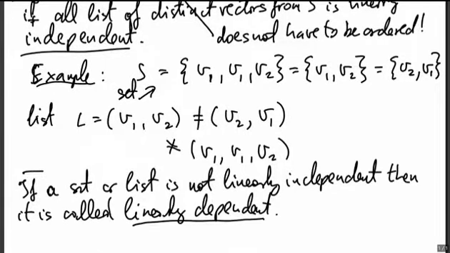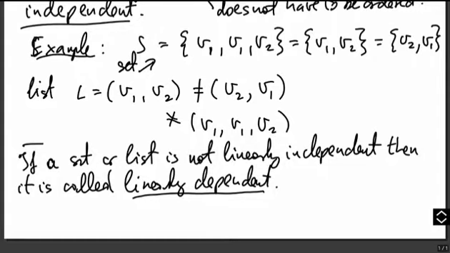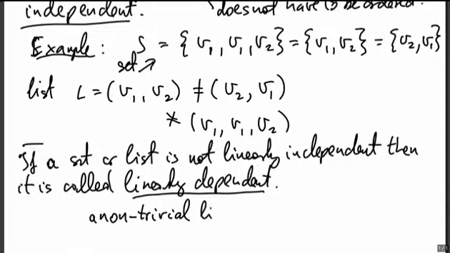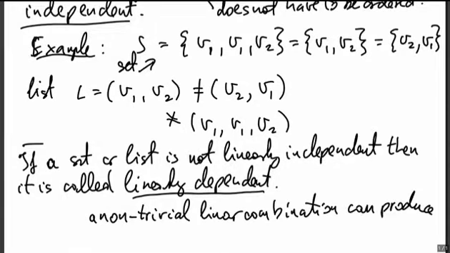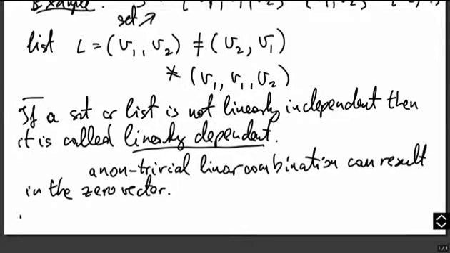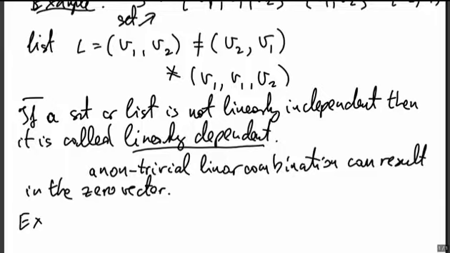And then by definition, the negation of the statement that only the trivial linear combination gives 0 means that a non-trivial linear combination can result in the 0 vector. So let's see examples of how it is possible to have a linearly dependent list. Well, in general, if we have, for example, a repetition in a list, this will always be linearly dependent.